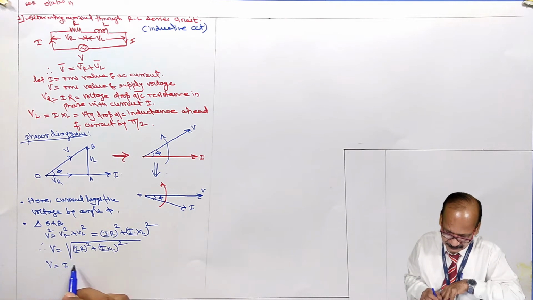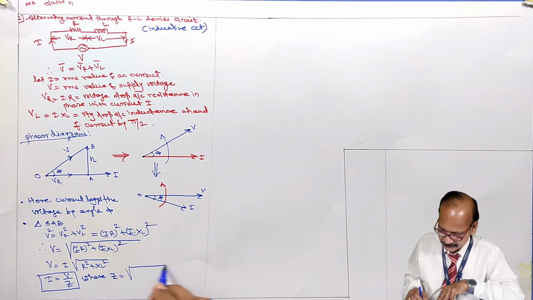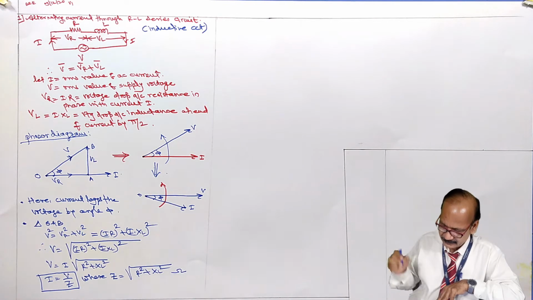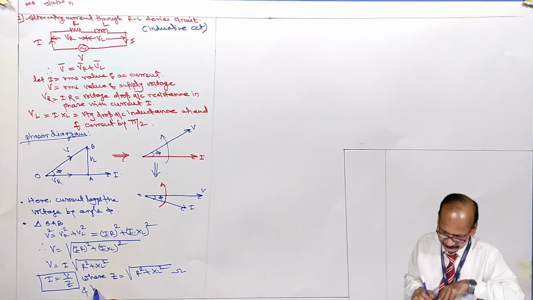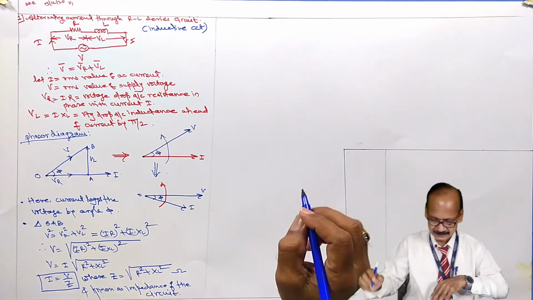Taking I as common, remainder is R square plus X_L square. So therefore I equals V upon Z, where Z equals square root of R square plus X_L square ohm. Its unit is ohm and it is known as impedance of the circuit.